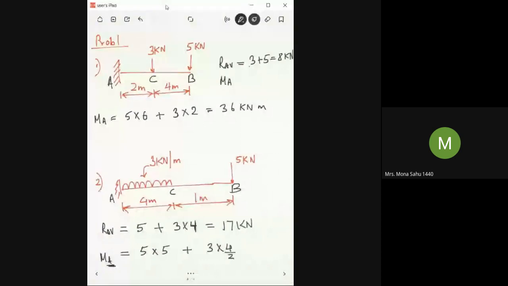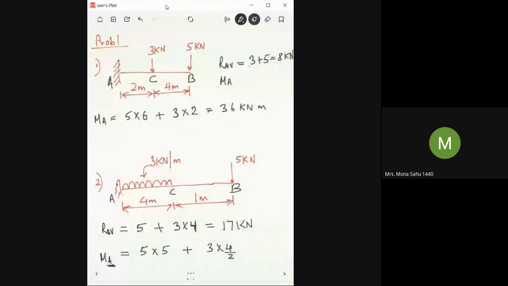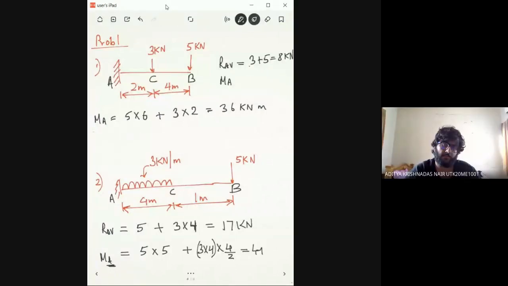4 squared. Good. So basically, the load is not 3. The load is 3 multiplied by 4. This is the load. 4 by 2 is the distance, so what's the answer? 49. Yeah.